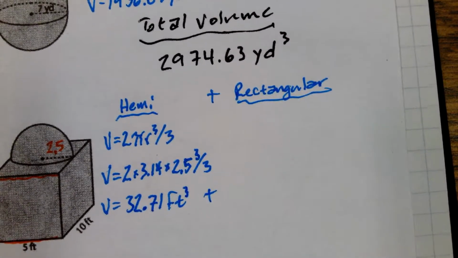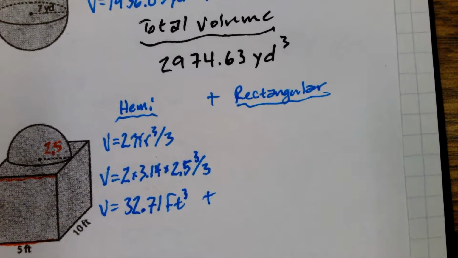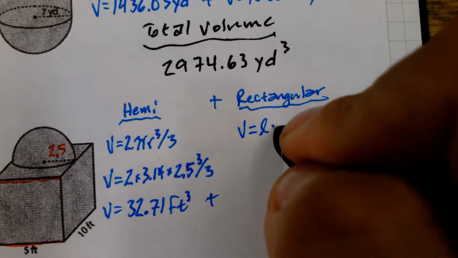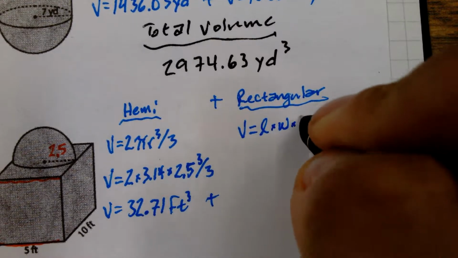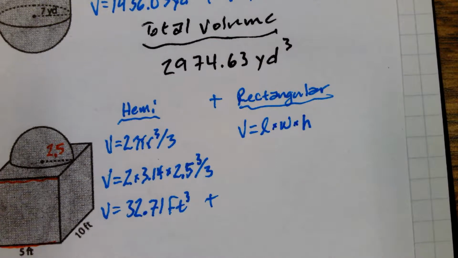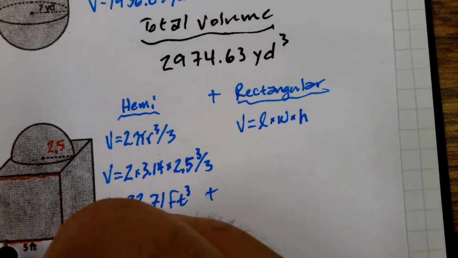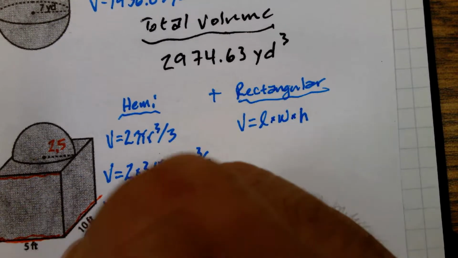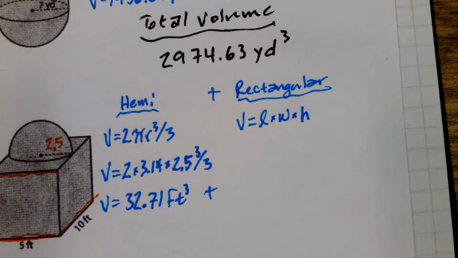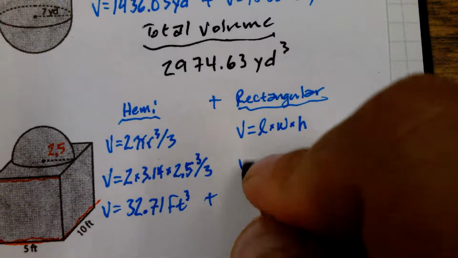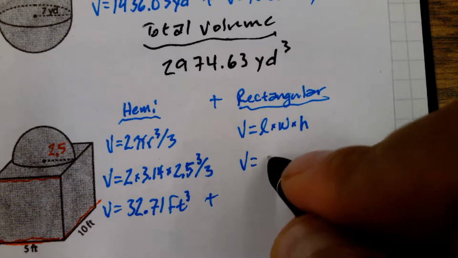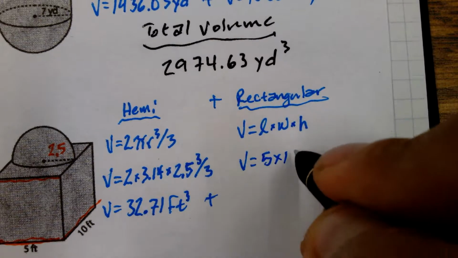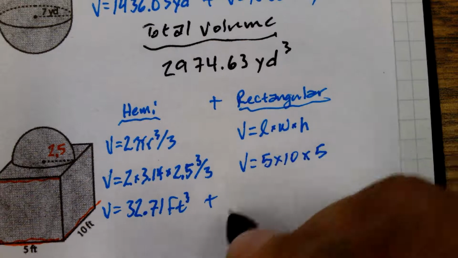Okay, rectangular prism. That's length times width times height. That's the easiest one. So we need to identify those. So it's 5 times 10 times 5.